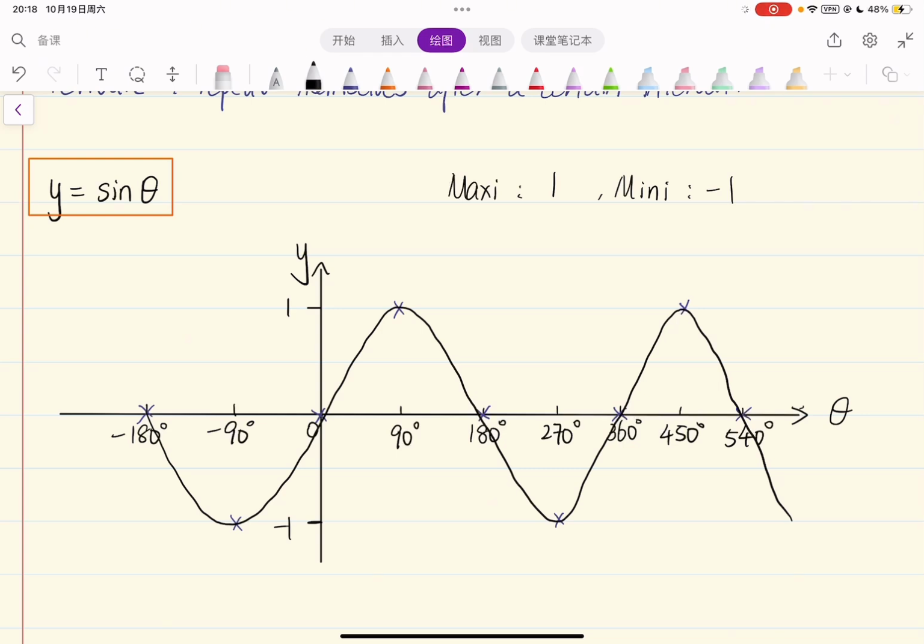It repeats every 360, as you can see. Starting from 360 is another wave. So it repeats every 360 and crosses the x-axis at minus 180, 0, 180, 360, 540.